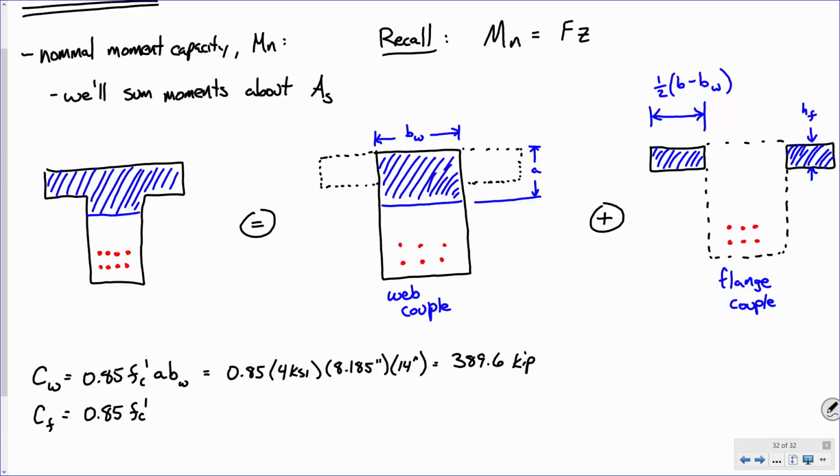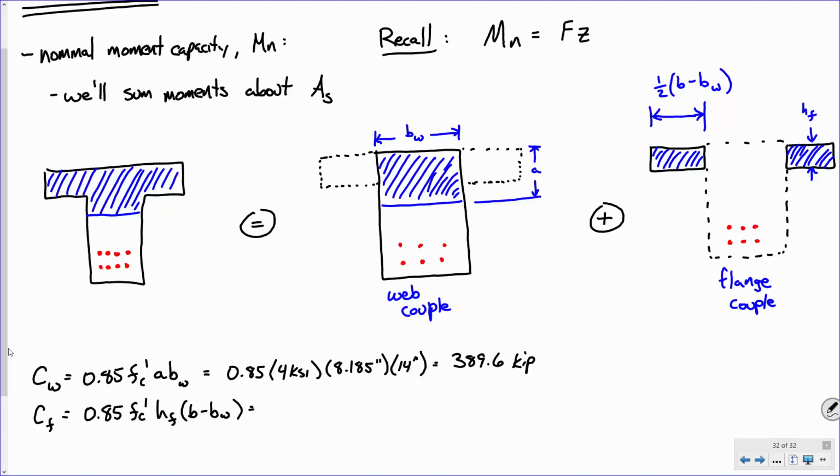So really what I need is 0.85 f'c times the area of each of these. In terms of width, I've got half here, half there, so why don't I say the width of the whole thing is just b minus bw? And the thickness is h sub f. So how about this as an area? h sub f times (b minus bw). Is that a fair statement?